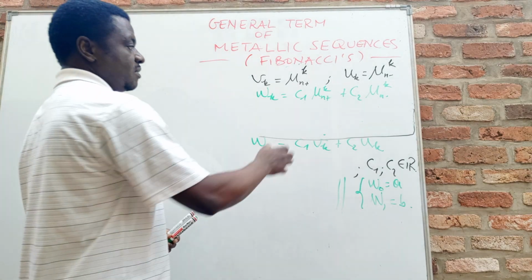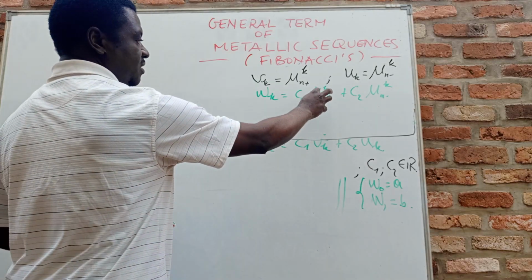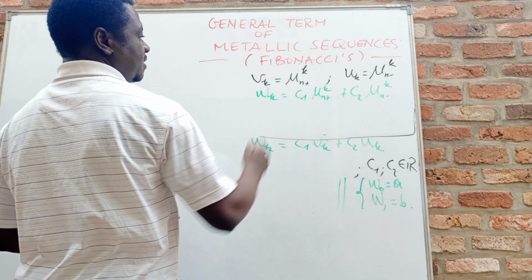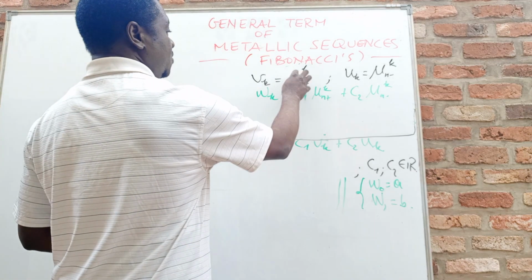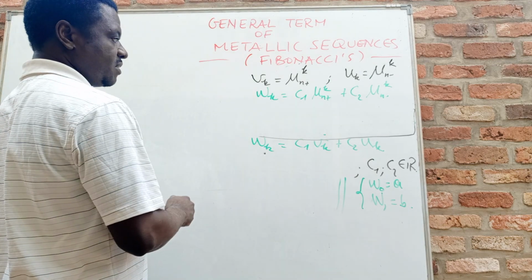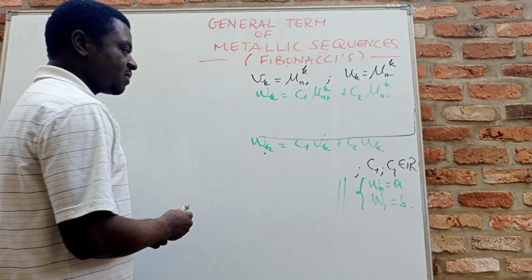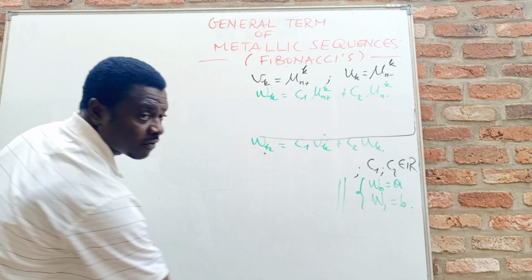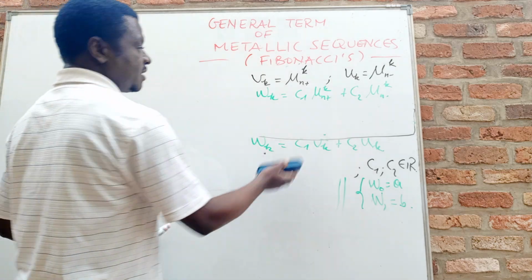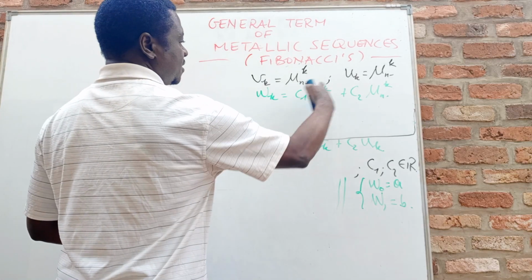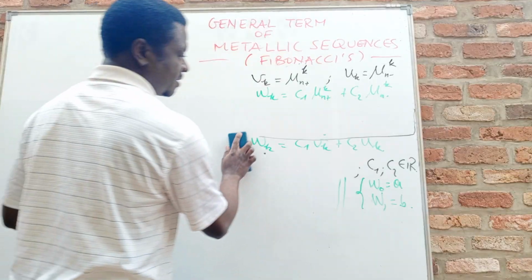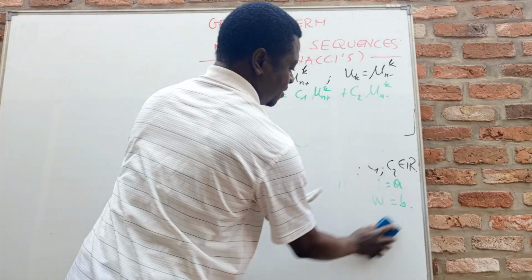Just to simplify the notation for the conjugate of the metallic ratio and the metallic ratio, there are different notations; we don't care about it for the moment. The index goes with these powers, and then we can use the initial conditions.